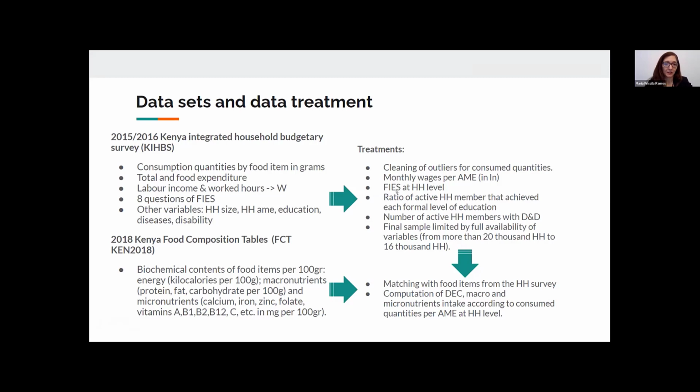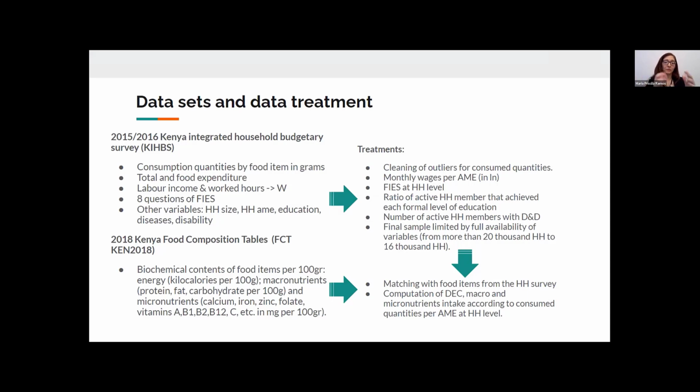So we have treated both data sets. We have built a monthly wage per adult male equivalent and transformed it to log. We have built the FIES indicator of food insecurity at the household level, the ratios of active members that achieve each formal level of education, and the number of active household members that have a disability or a chronic disease.